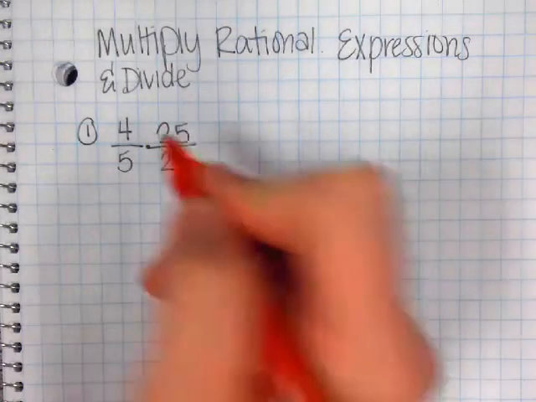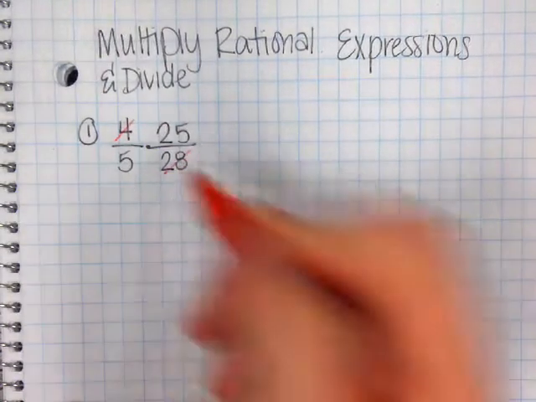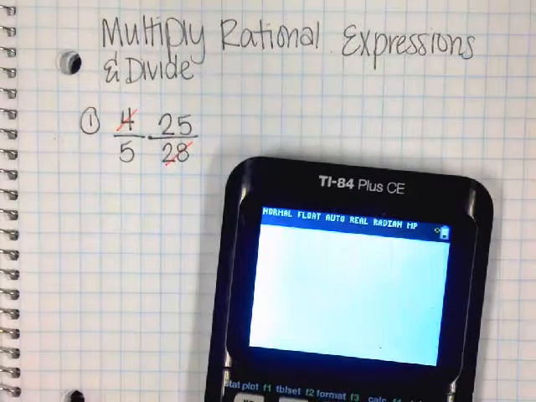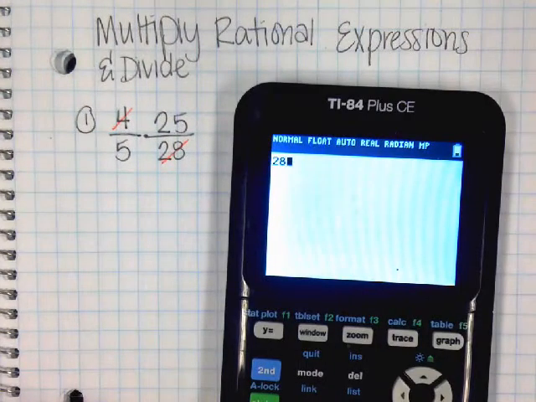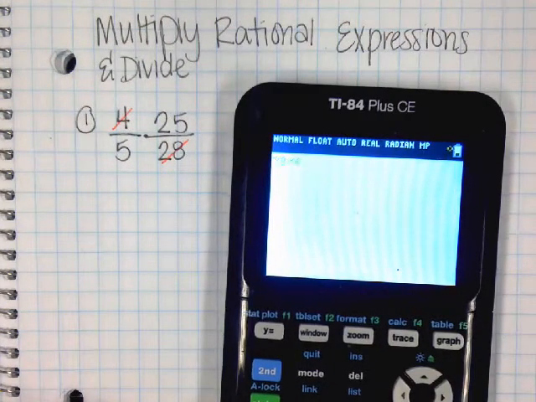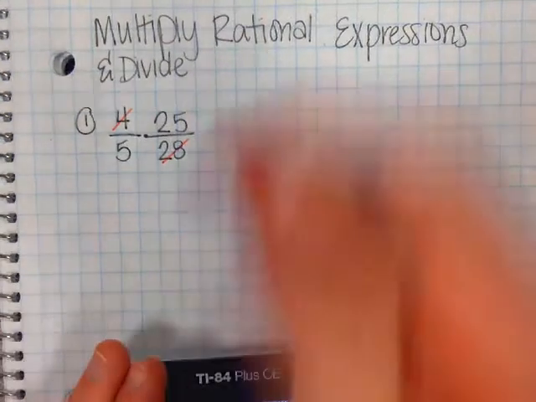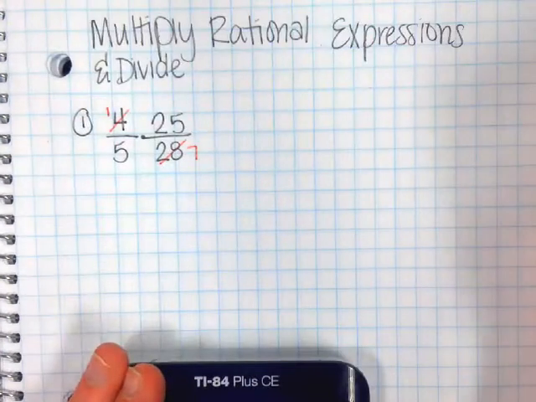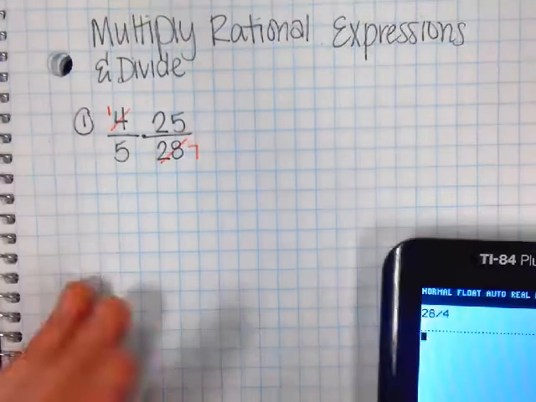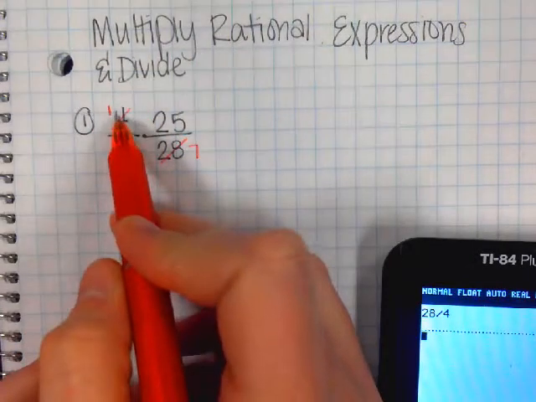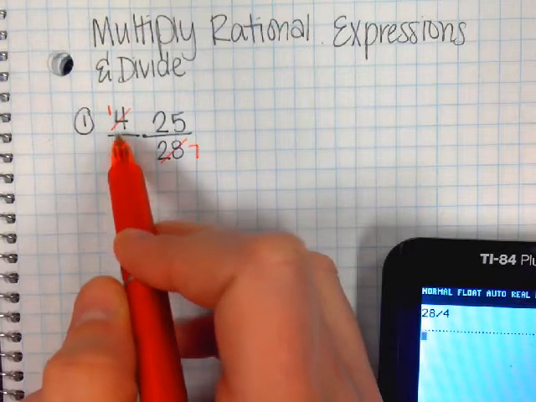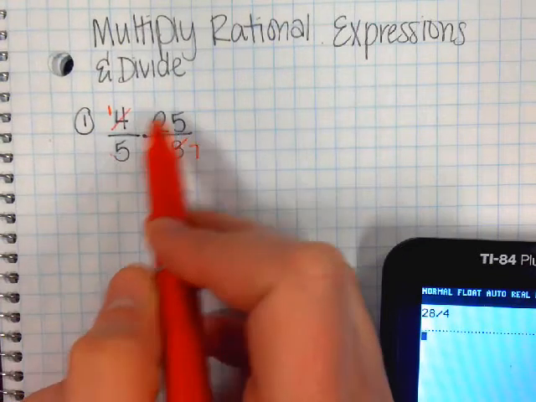So 4 and 28. 28, I know at least it's divisible by 2 because it's an even number, but let's see if it's divisible by 4. So 28 divided by 4, well, that's 7. And 4 divided by 4 is 1. Remember, when you're multiplying fractions, you can reduce top and bottom, or diagonally.